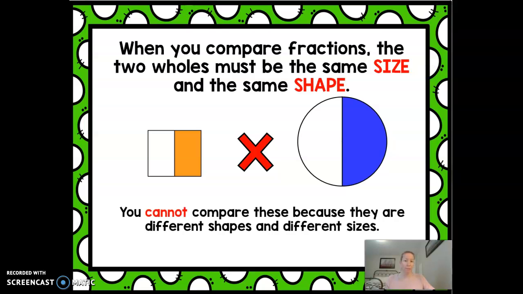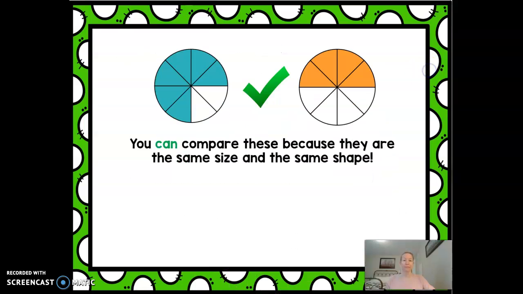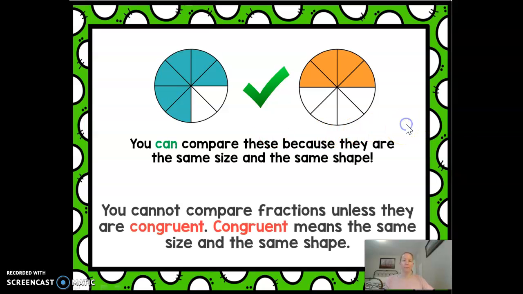You cannot compare these because they are different shapes and different sizes. You can compare these because they are the same size and the same shape. So here you can take a look at this circle and this circle, and they're exactly the same. So this you can compare.